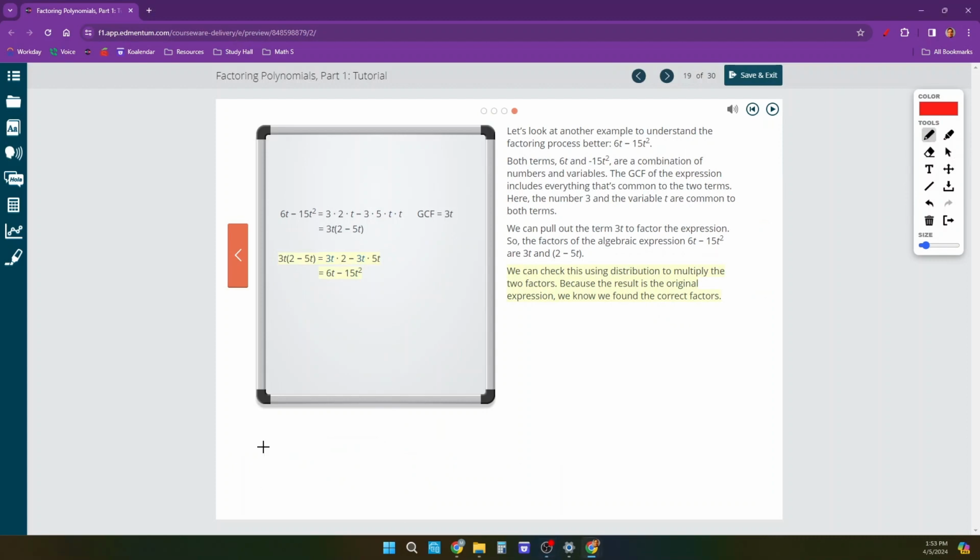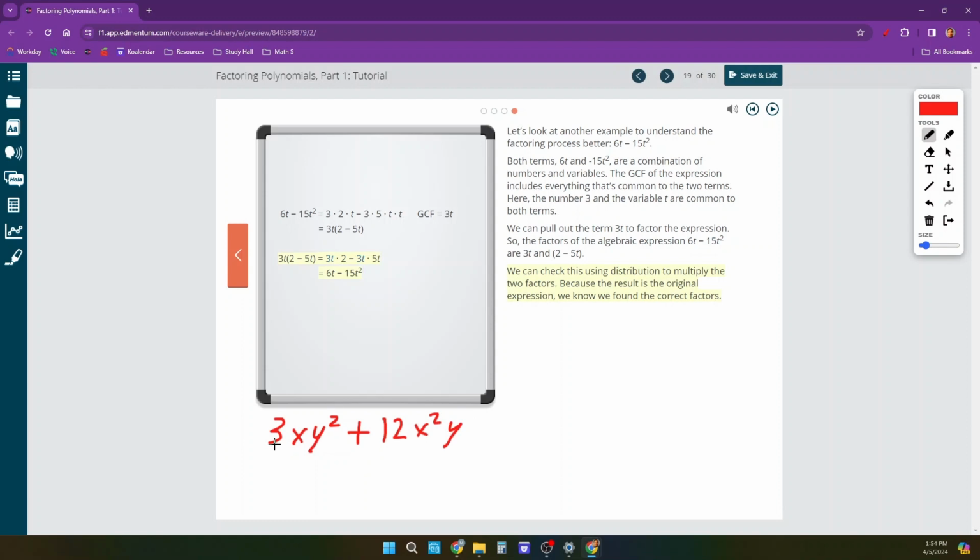Let's say that I had 3xy squared plus 12x squared y.